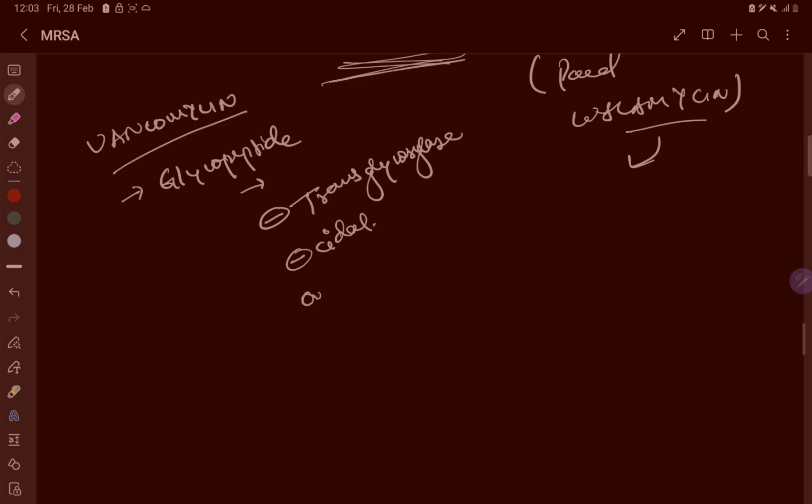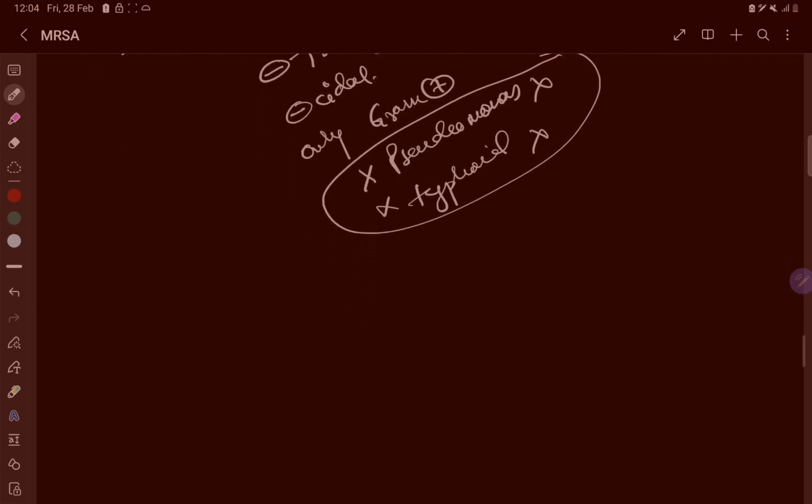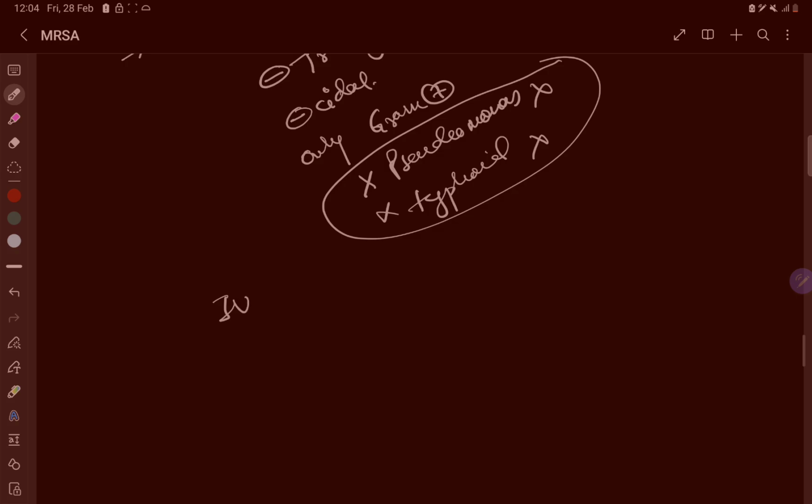It acts only on gram positive, does not act on pseudomonas, okay, and not to be given in typhoid cases. In typhoid cases we don't use vancomycin, okay. Vancomycin IV is the drug of choice for MRSA, we have discussed just now.